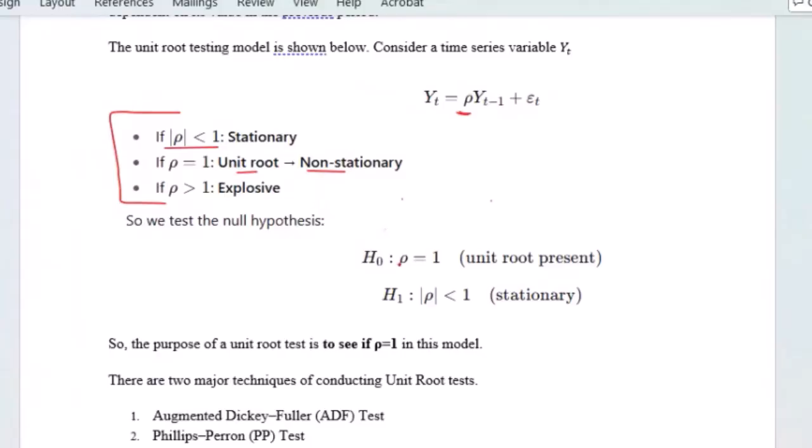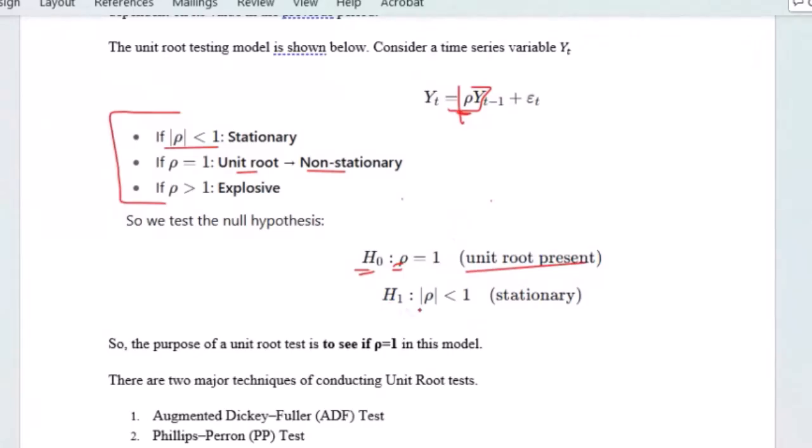So we come here to our hypothesis. Our null hypothesis is that this p is equal to 1, which means that the unit root is present and the data is not stationary.